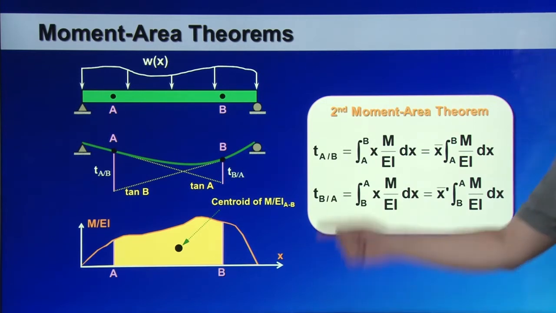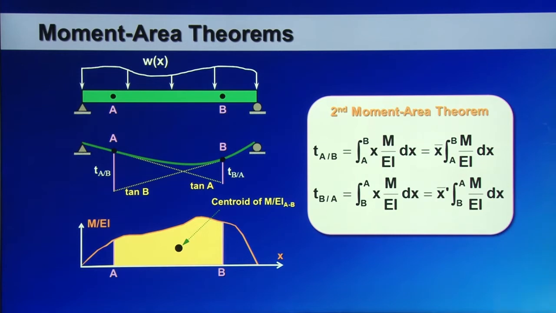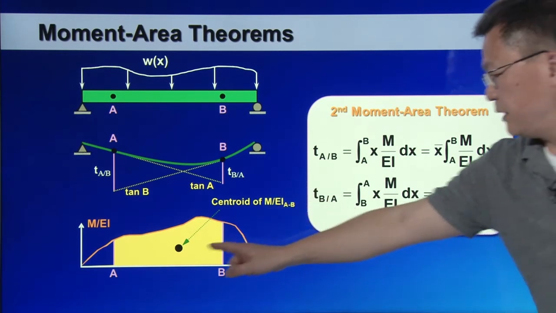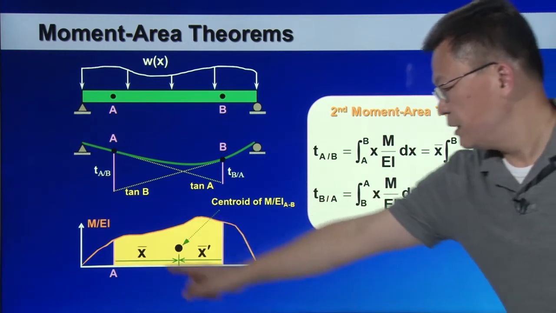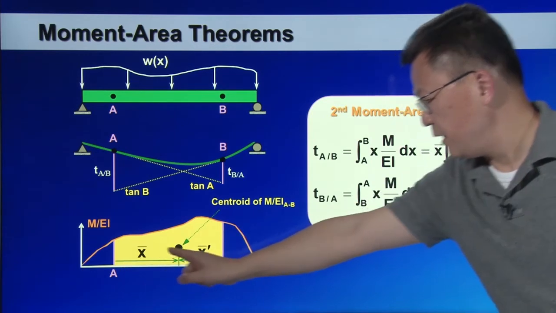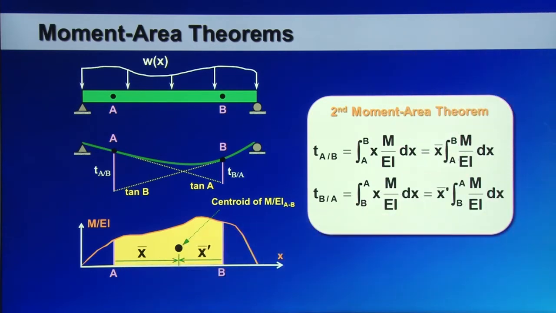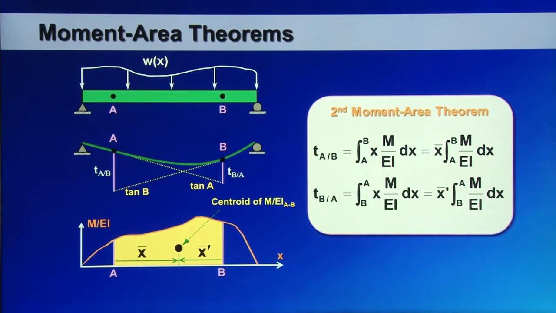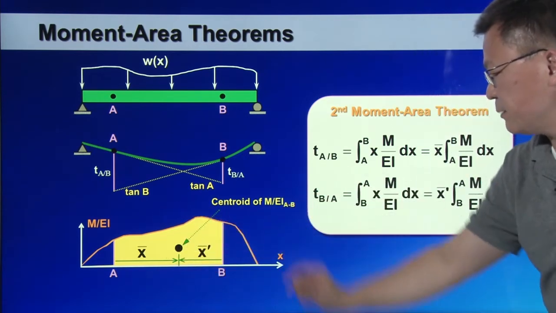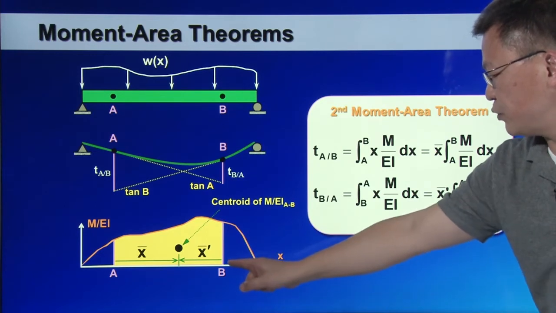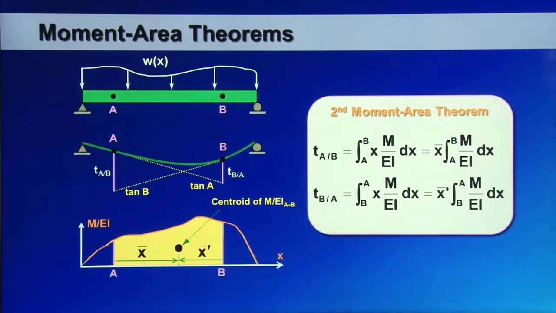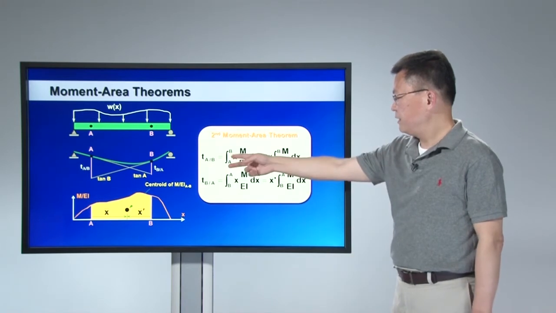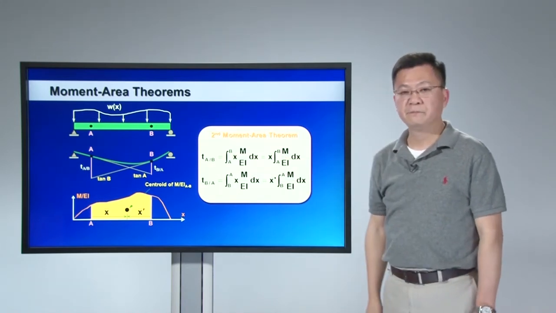So if you wish to find tA/B, then you take the area times the distance between A and the centroid. On the other hand, if you want to find tB/A, then you take the area multiplied by the distance between B and the centroid. So again, they are not the same.